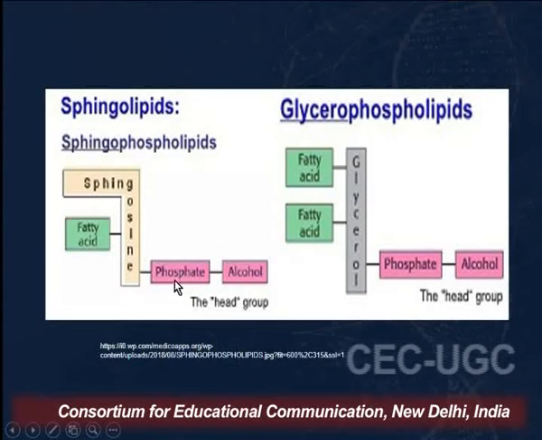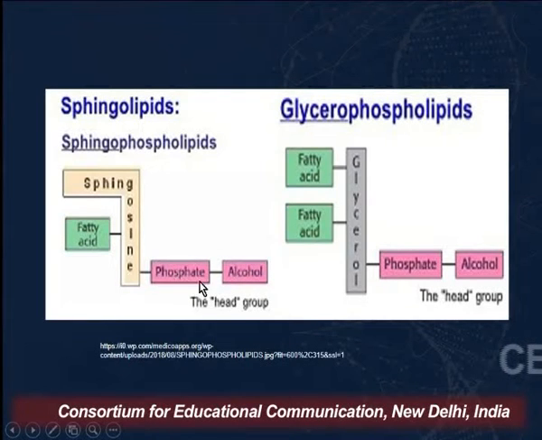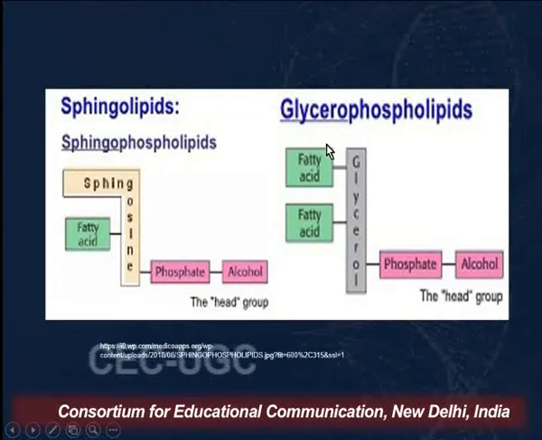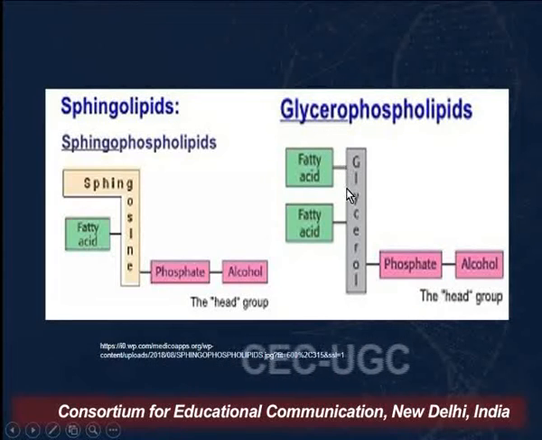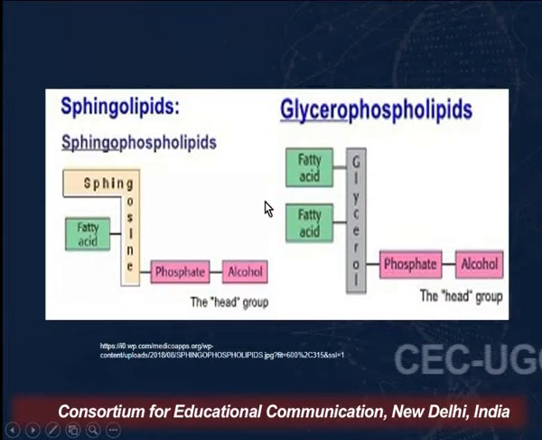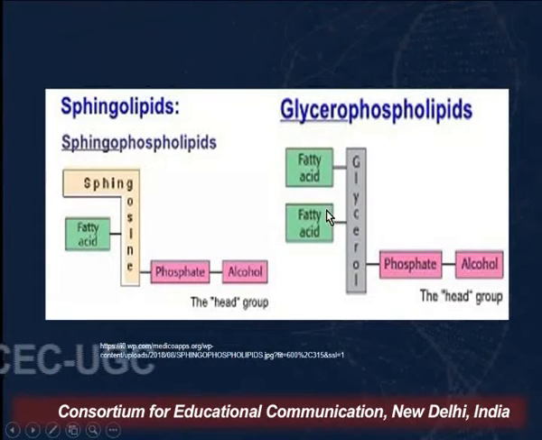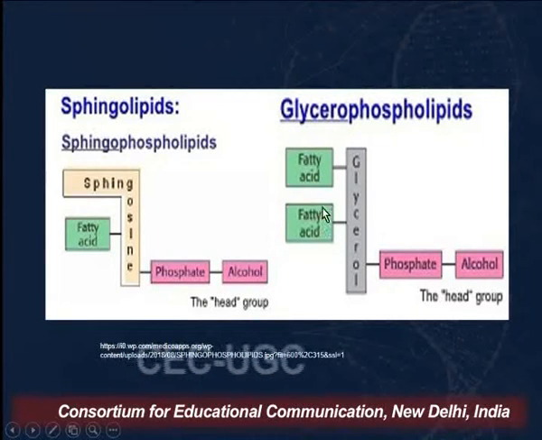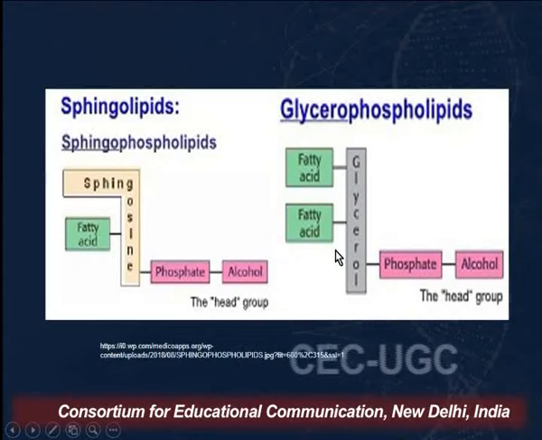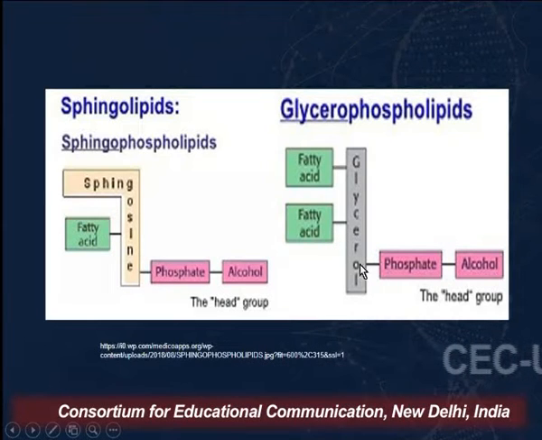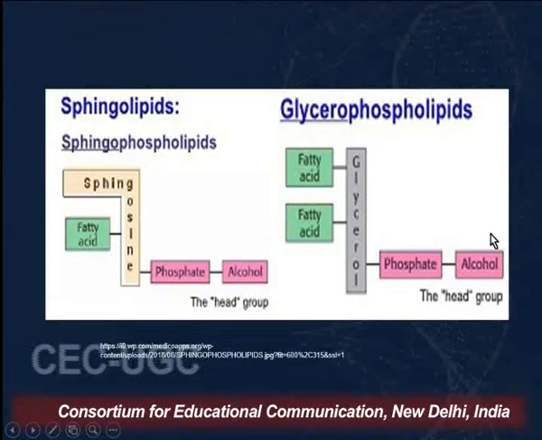And this is the polar head of the molecule. Whereas when we talk of glycerophospholipids, two of the hydroxyl groups are involved in ester formation with fatty acids, that is long chain carboxylic acids, and the third OH is involved in the phosphoester bond and the alcohol molecule.